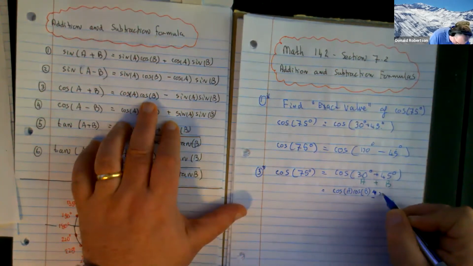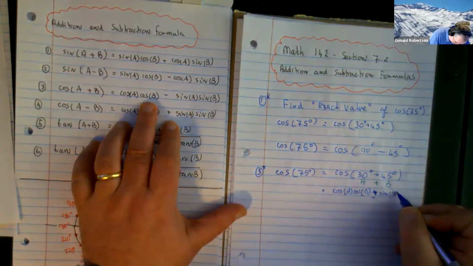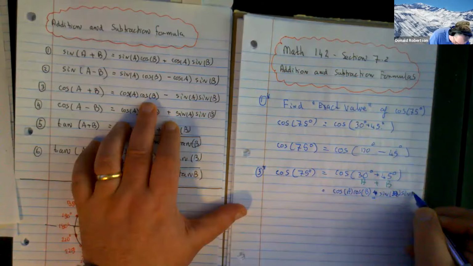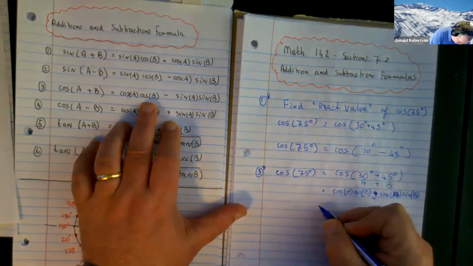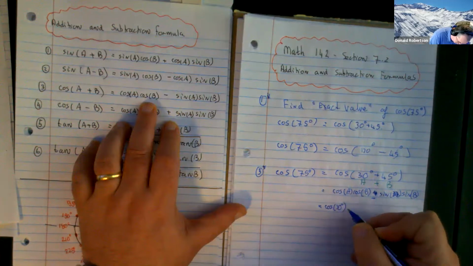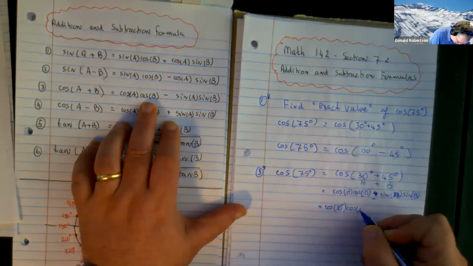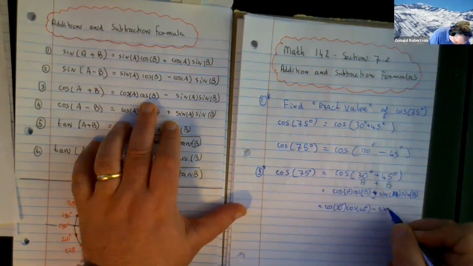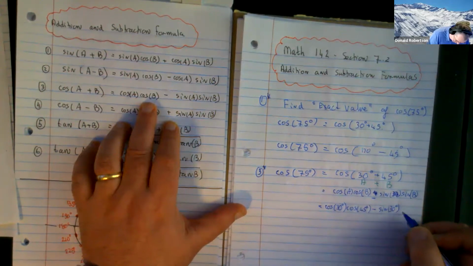Take away the sine of A, the sine of B. Sorry about the mess. Right. So it's going to be the cosine of 30 degrees and the cosine of 45 degrees. Take away the sine of 30 degrees and the sine of 45 degrees.